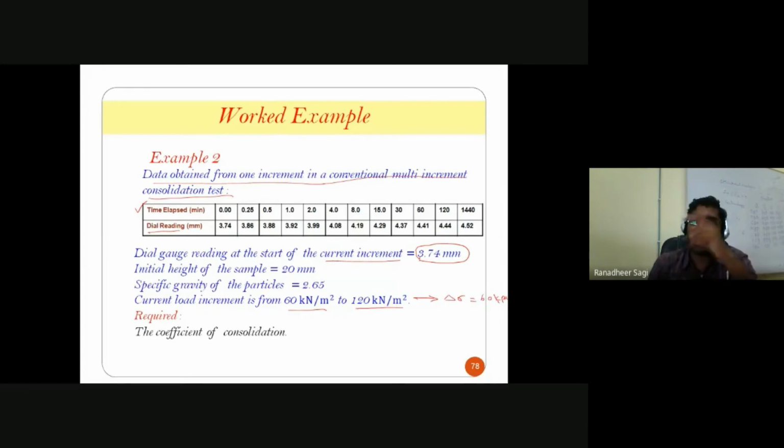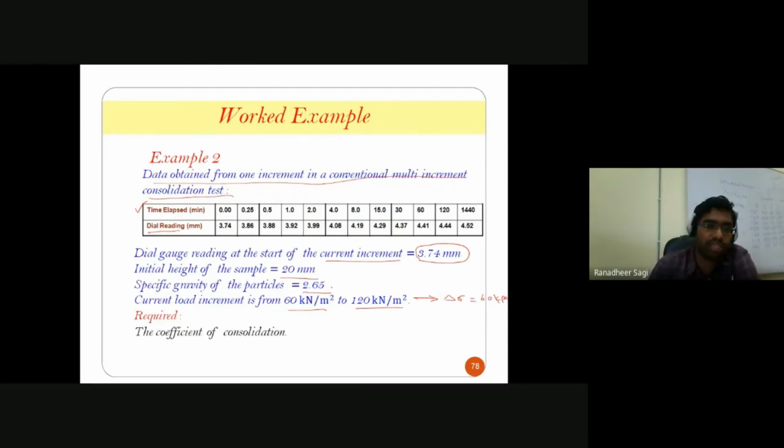It means your soil has already compressed by 3.74 mm due to the load applied from 0 to 60 kilopascals. What was the initial height of the soil sample when your test was started? It is 20 mm. The specific gravity of soil solids of that particular soil sample is 2.65.